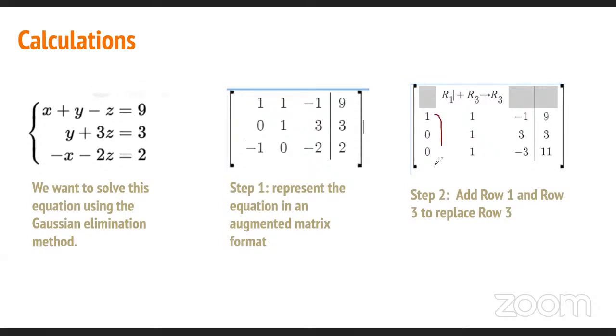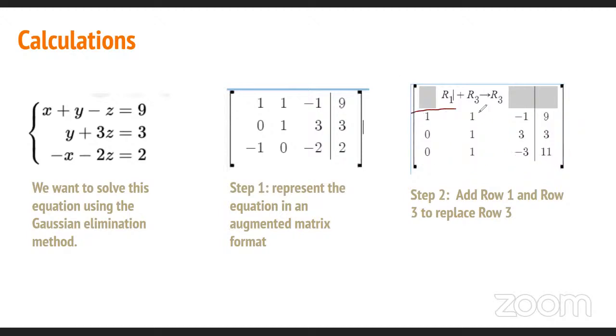Here, this is our column 1. Can everyone see my annotations? Yes. This is our column 2, and this is our column 3, and this last one here is the constants. Once that is clear, let me clear everything.